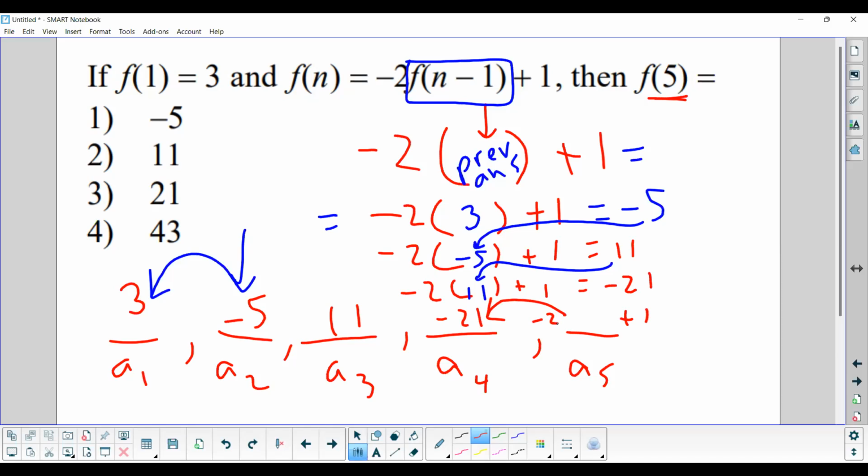So for me, -2 times -21 plus 1. So that's 42 plus 1, which gives me 43.